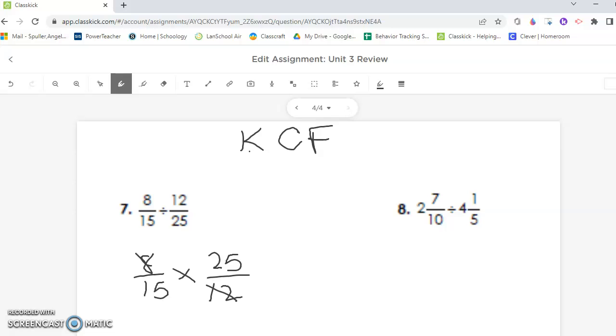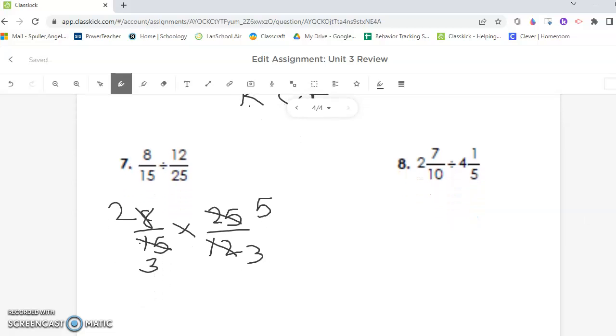How many 2's? I could go 4 in both of them. Let's divide them both by 4, and we're going to get 2 and 3. I can simplify these by dividing both of these by 5 to get 3 and 5. Okay, so now I've got 2 thirds times 5 thirds equals 10 ninths, which equals 1 and 1/9.